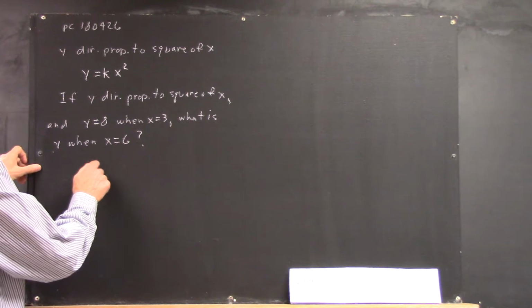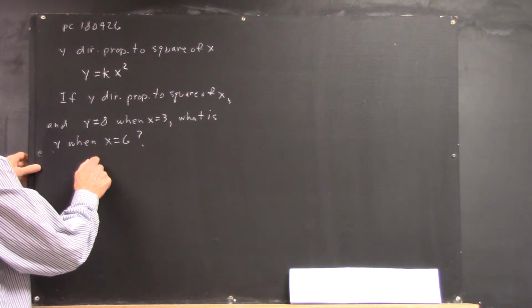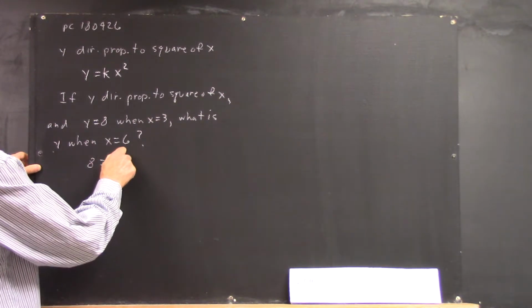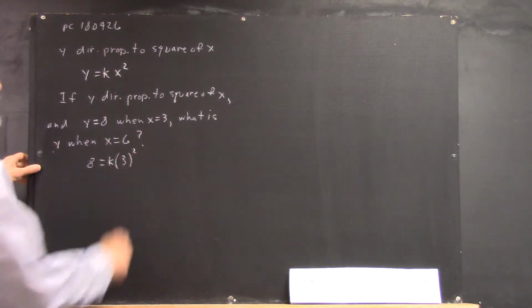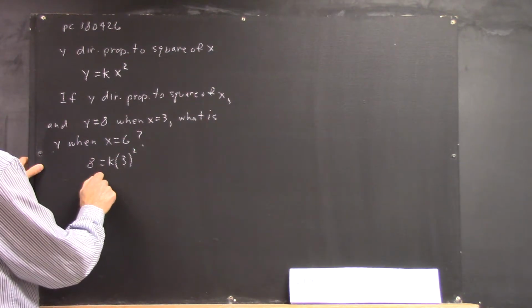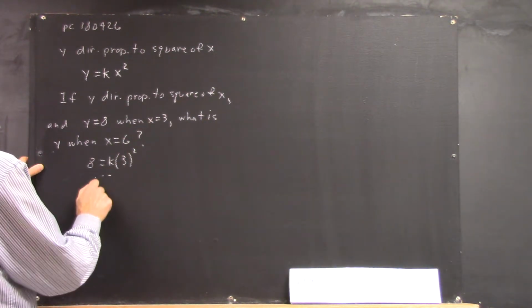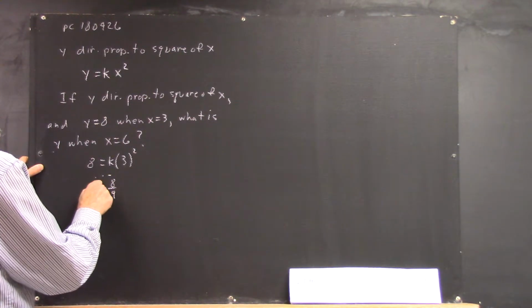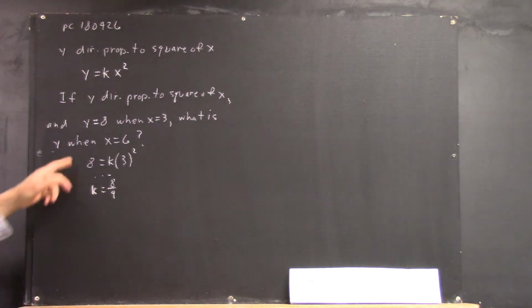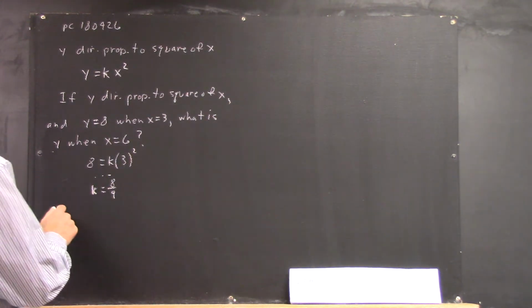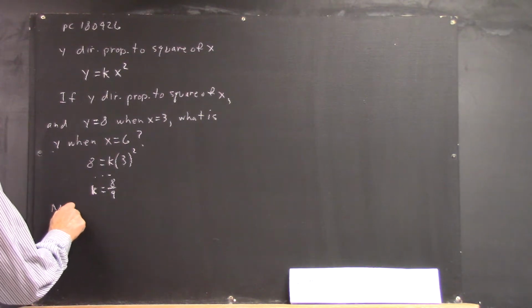But anyhow, okay, so 8 ninths equals k times 3 squared. Dot, dot, dot. K equals 8 ninths. You don't need to see the details. You can do that very quickly. So now we got a model.